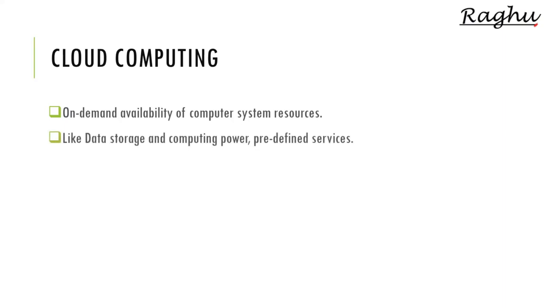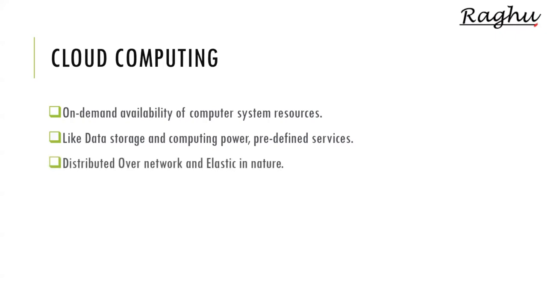The major concept of cloud computing is that we can share data storage, and we can do some operations by deploying applications, that is called computing power, or we can use some predefined services like mail service, message service, OTP service, drive services. These all come under the cloud computing category.